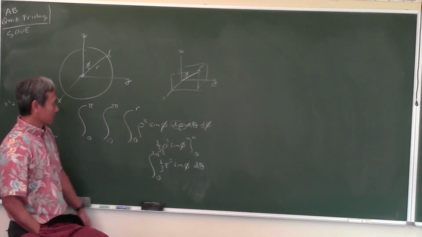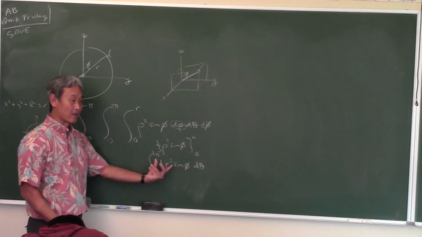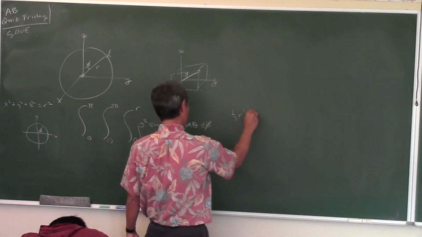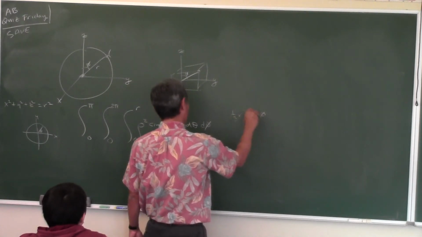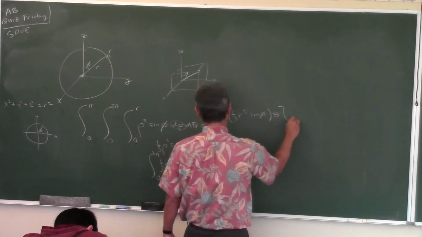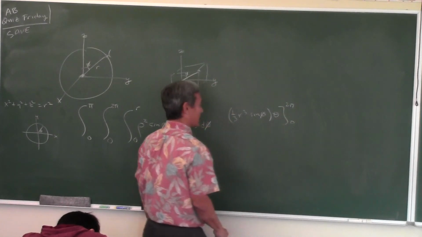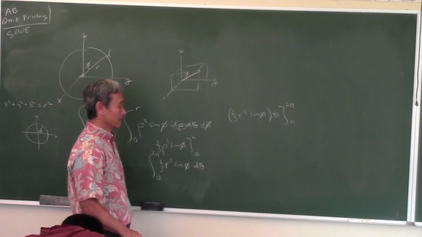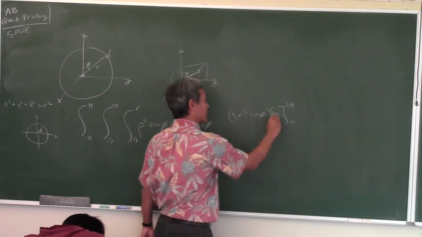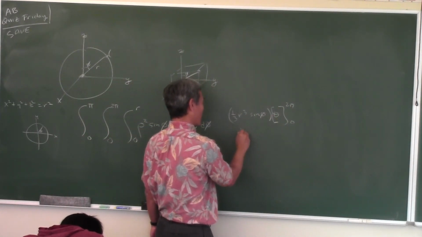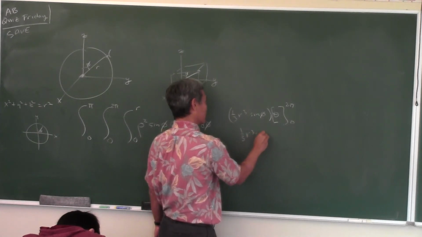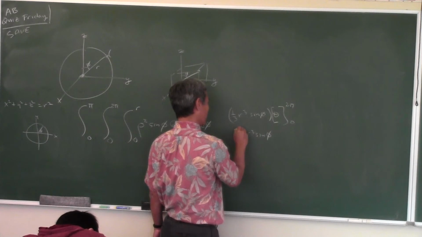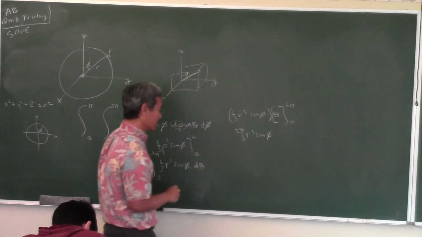There are no thetas in here, so all of these are constant. So you're going to get 1/3 r cubed sine phi times theta from 0 to 2 pi. That's basically just like multiplying it by 2 pi, right? Factor out the constant, so you get 1/3 r cubed sine phi times 2 pi. Why don't we just put the 2 pi up there with the 1/3?